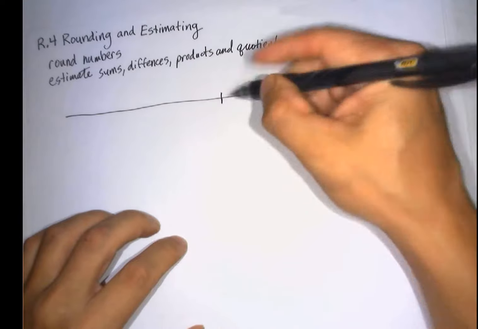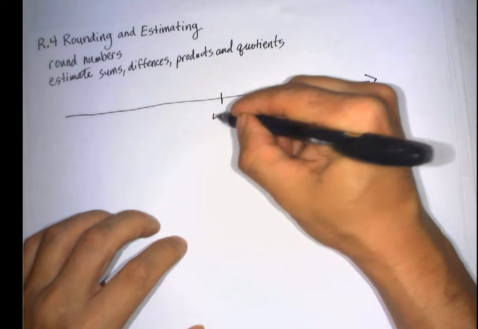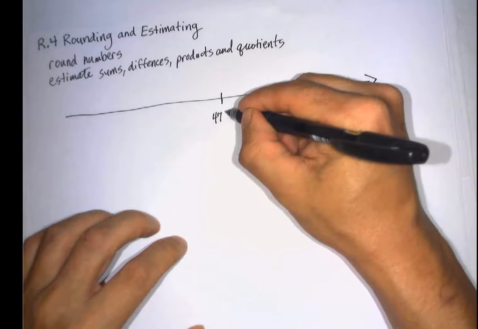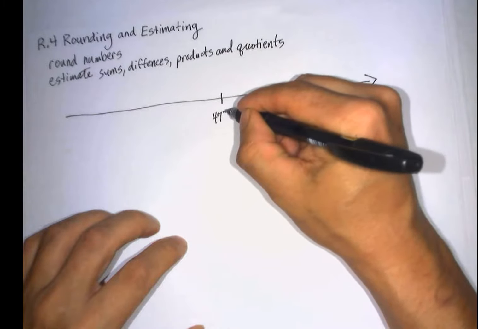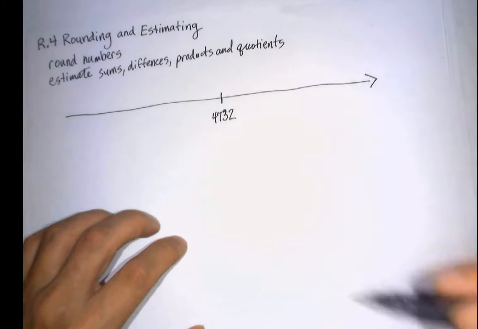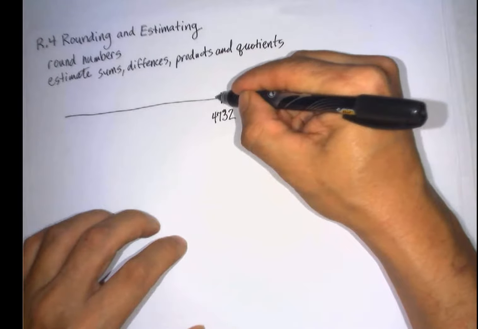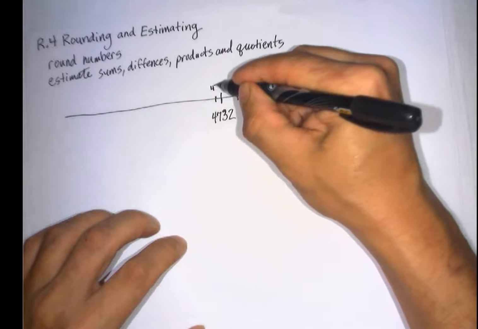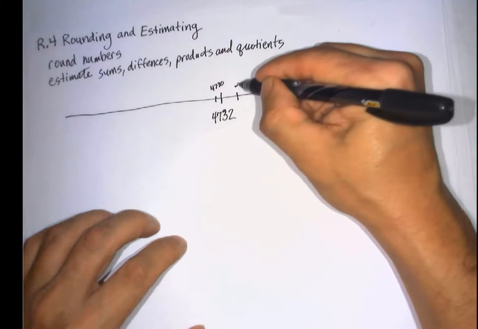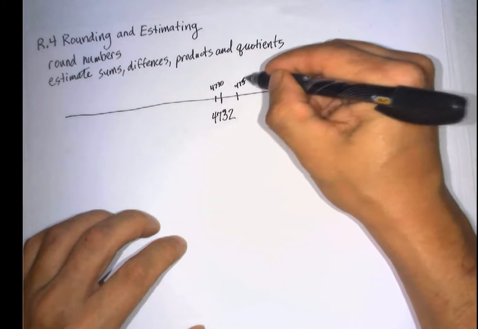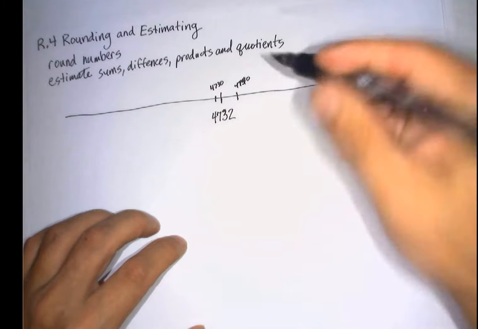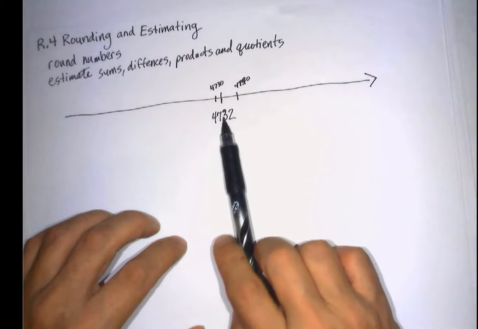Let's say this is the number 4,732. Okay. So if I said, here's the nearest 10, right? 4,730 and 4,740. I know that's hard to read. But if I said, well, which 10 is this closest to? You would round it to the nearest 10.